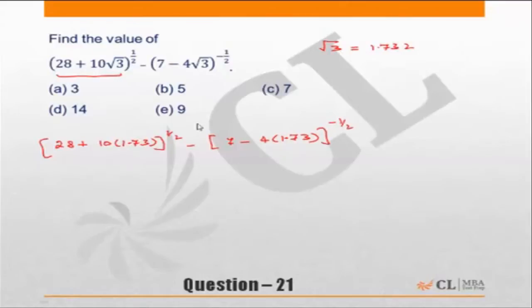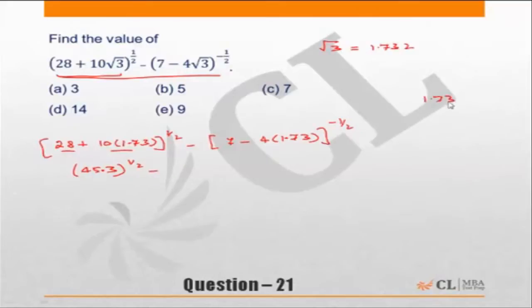So effectively all I am doing is converting this question of algebra into a question of numbers. I am just calculating the value as we would do if we had a calculator. So this becomes 28 plus 17.3, which makes it 45.3, under root of 45.3.